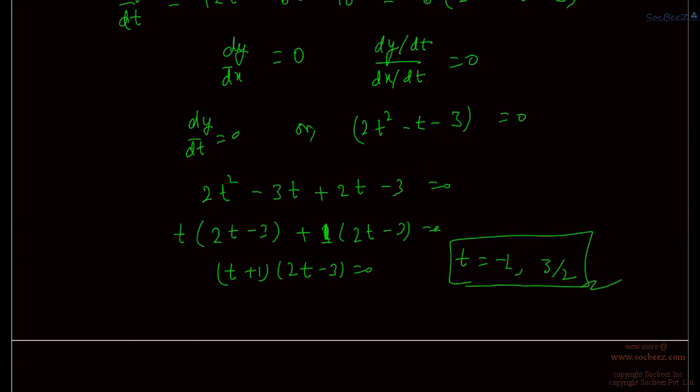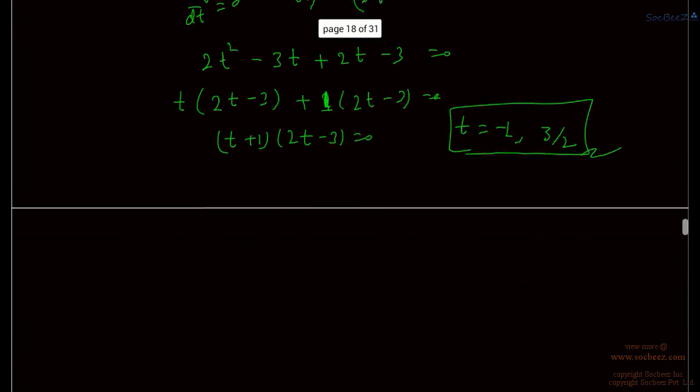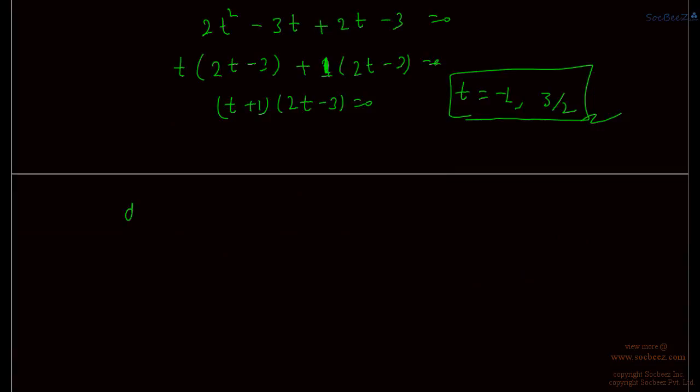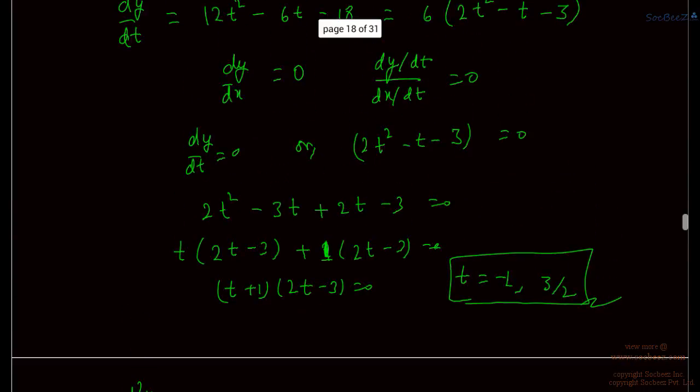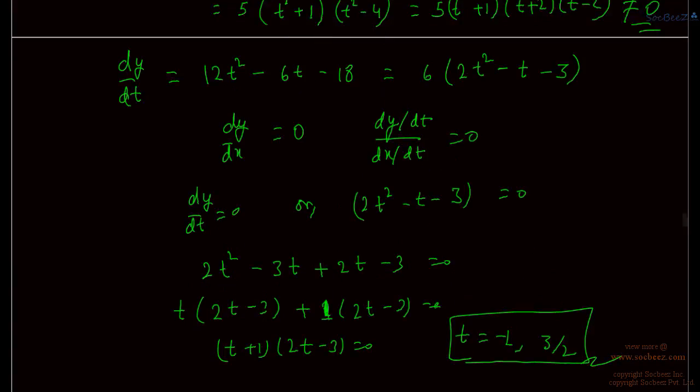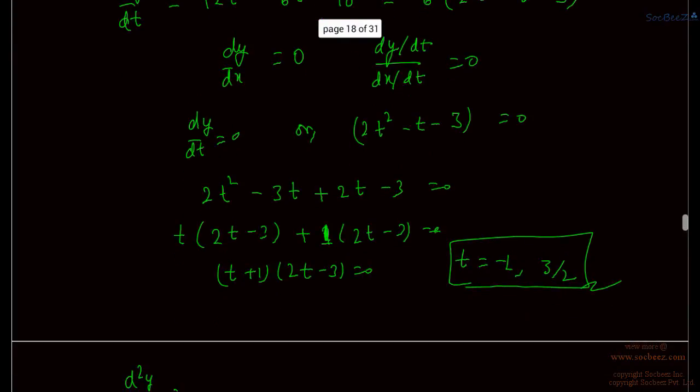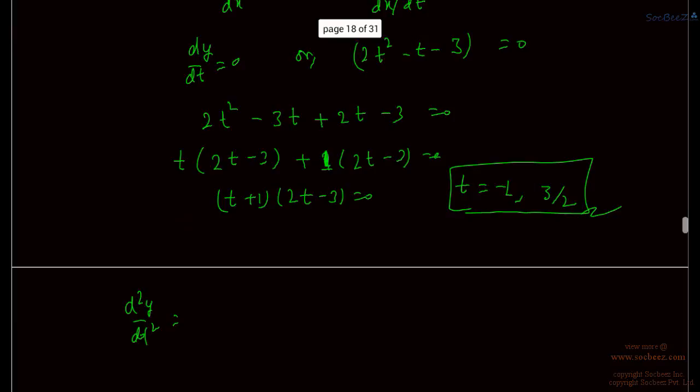So we have d2y upon dt square. See, dy by dt is 6 times 2t square minus t minus 3, okay? So d2y by dt square is 6 times, differentiation of 2t square is 4t, minus 1, right?